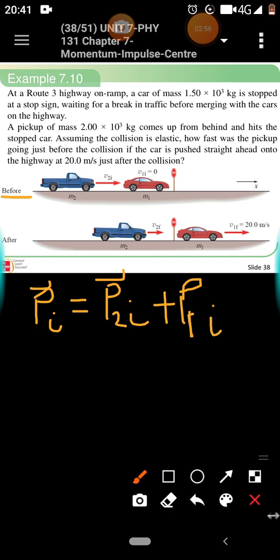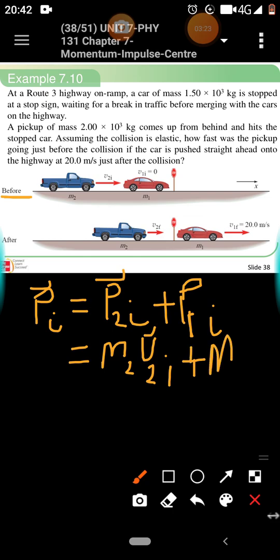Because momentum is mass times velocity, we have mass 2 times v2 initial plus mass 1 times v1 initial. This is a vector, but we can write them as scalar quantities.